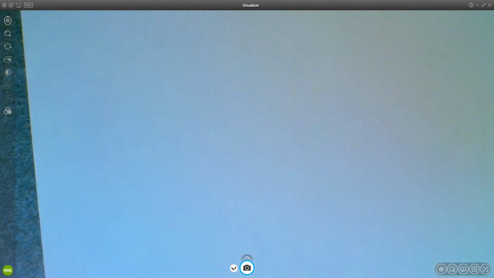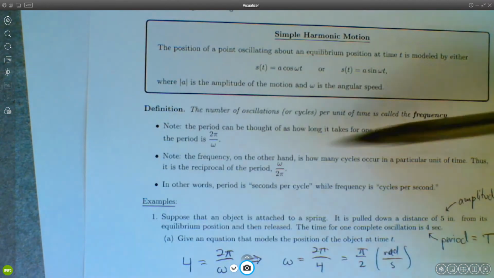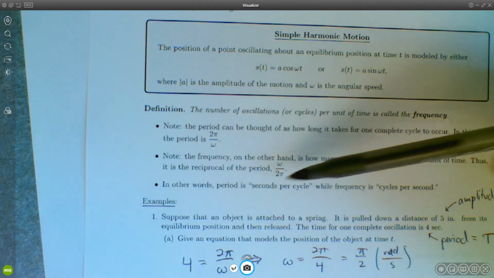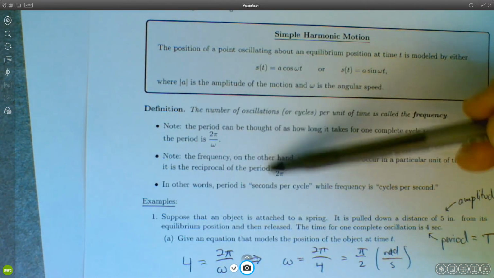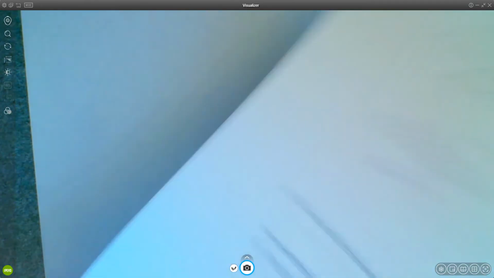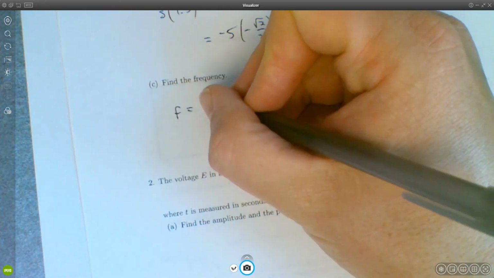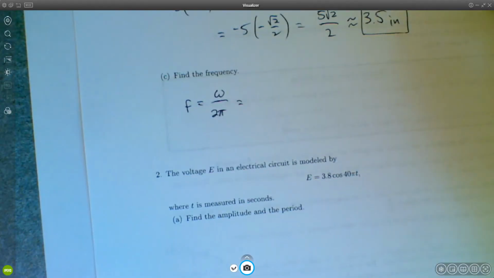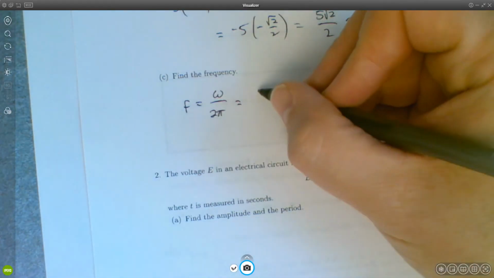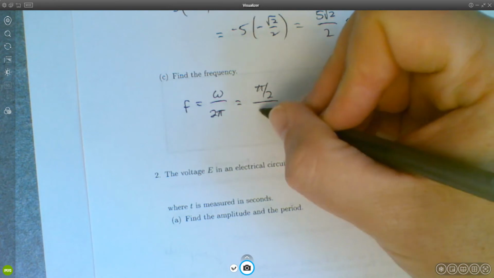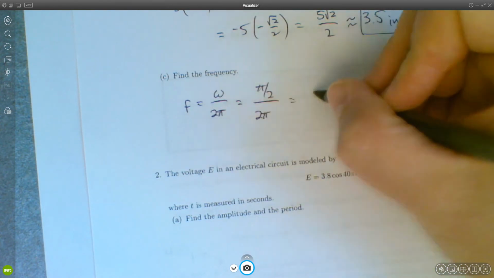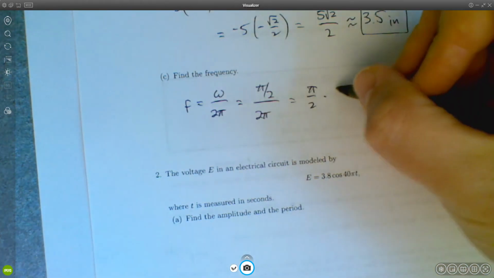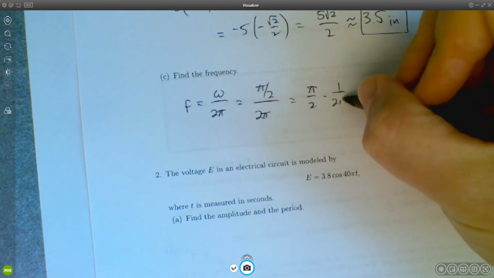And F, as we've said, is omega over 2 pi, right? So F is omega divided by 2 pi. Omega we decided was pi over 2. So this is pi over 2 times 1 over 2 pi.